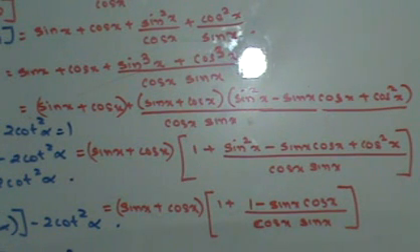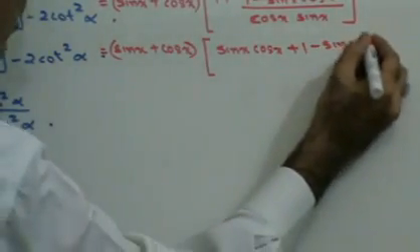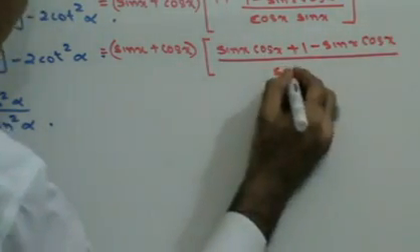Right? This can be written as sin x plus cos x. LCM, this is sin x cos x plus 1 minus sin x cos x upon sin x cos x.